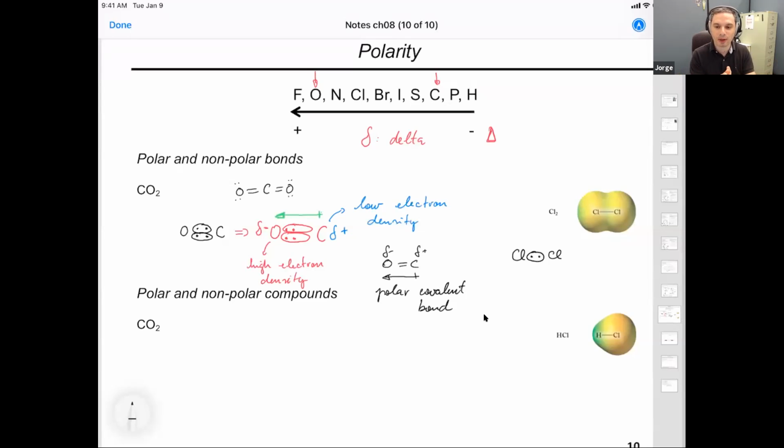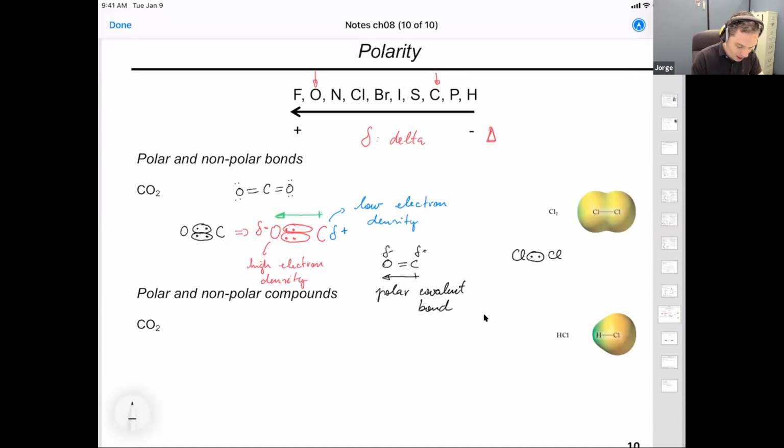Chlorine and chlorine, they will pull the pair of electrons with the same magnitude. Therefore, we cannot create an accumulation in one side compared to the other one because they pull with the same intensity, which cancels the vectors.